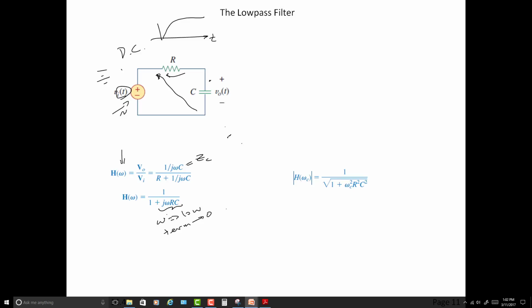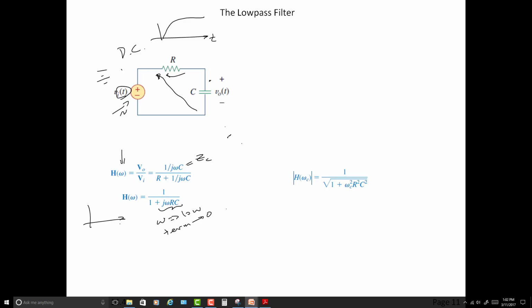The so-called break frequency. So here is the magnitude going on, and all I've done is the math, which simply finds the magnitude of this vector, right? Isn't that a vector going on?